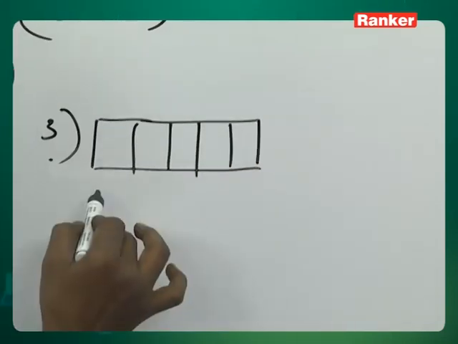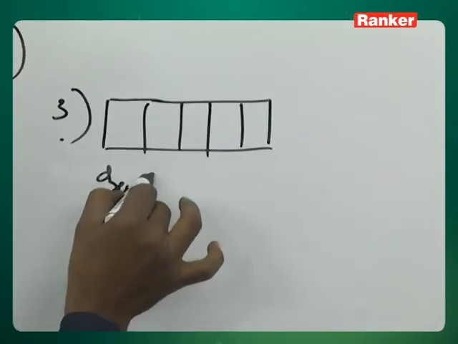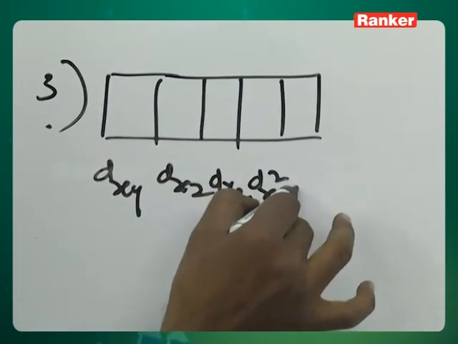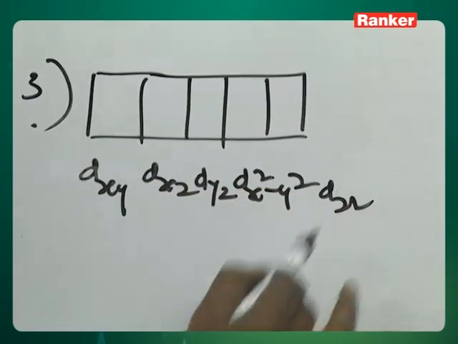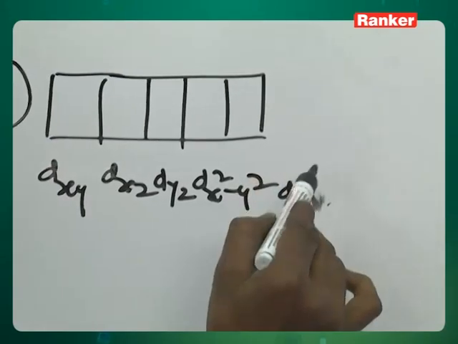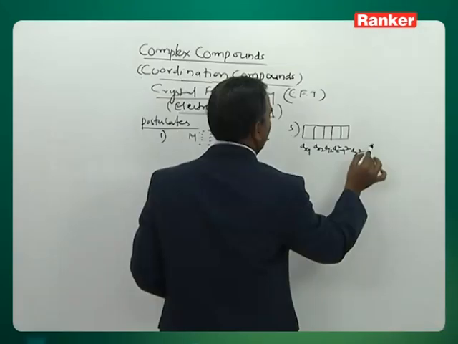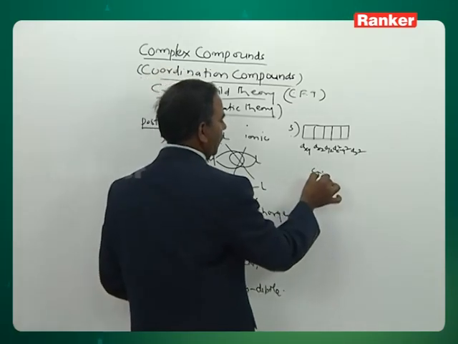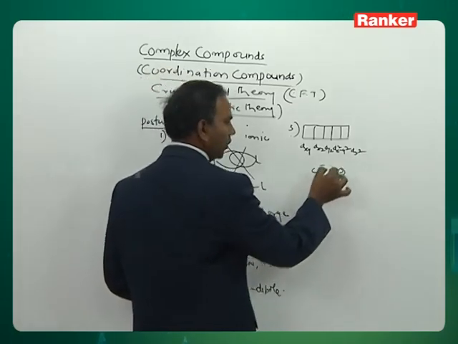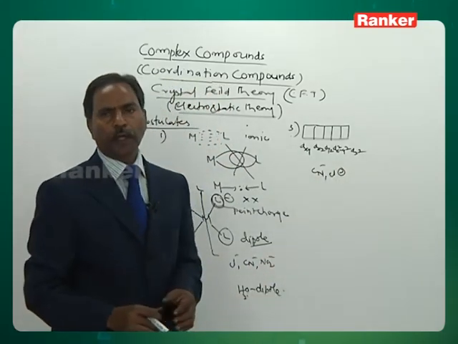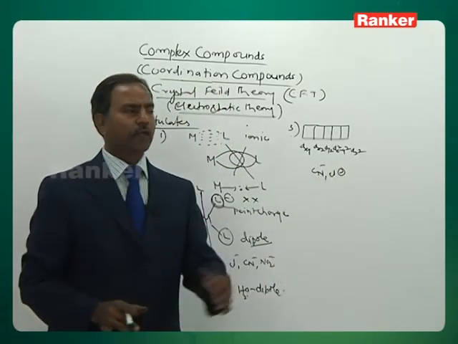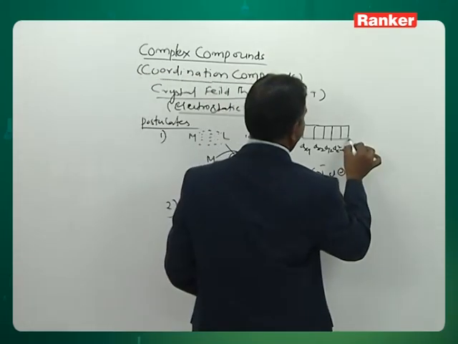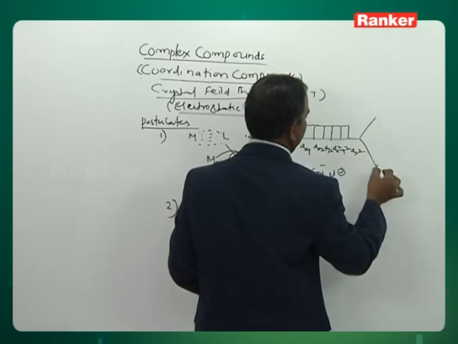The 5 d orbitals are dxy, dxz, dyz, dx2-y2, and dz2. These d orbitals, under the influence of a ligand, maybe a cyano ligand or chloro ligand, any ligand, split into different energy levels.